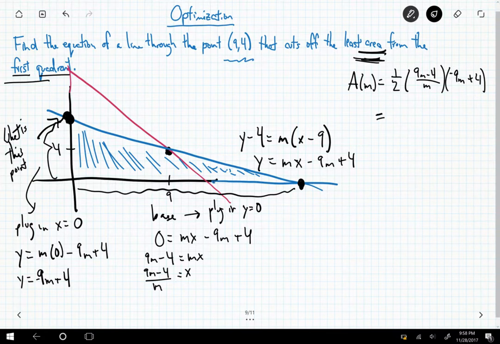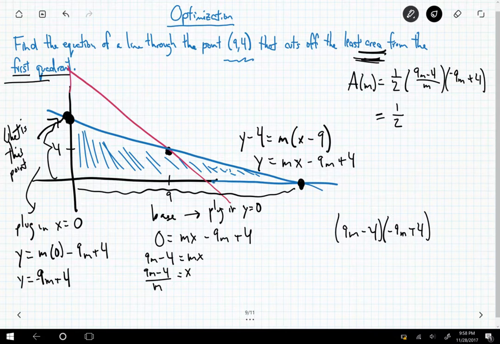Okay. So now, moving forward from here, what do we get? We can write this as 1/2. There are a couple of different ways to do this, actually. If you go 9m minus 4 and negative 9m plus 4, it looks like a difference of squares, but not quite. We've got a little bit more to go.